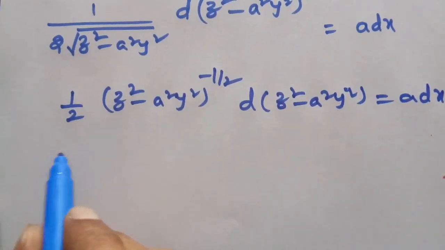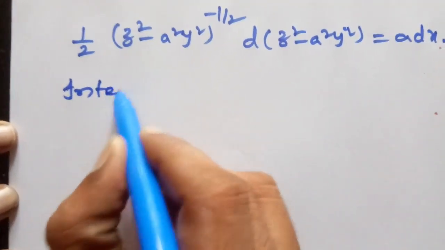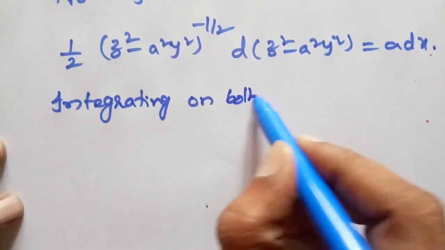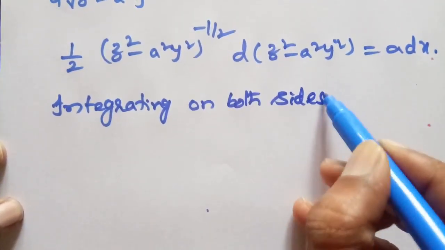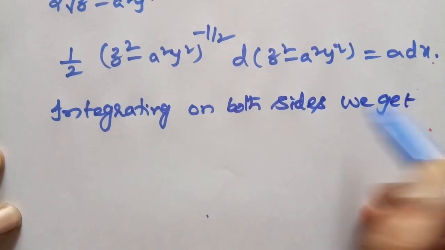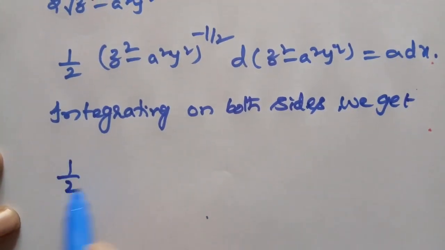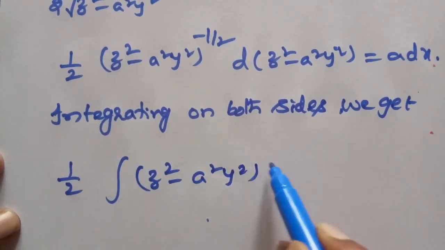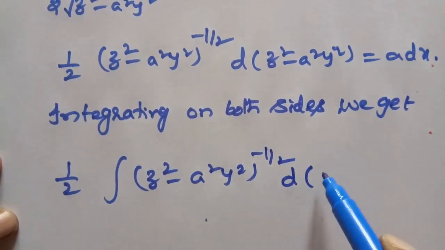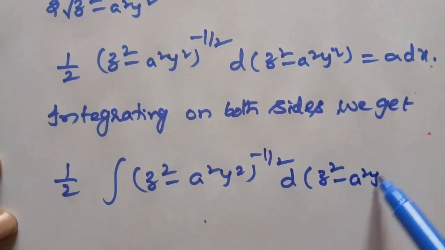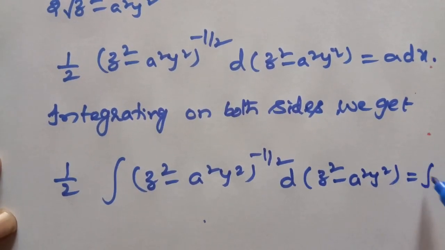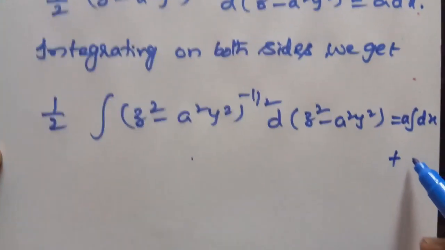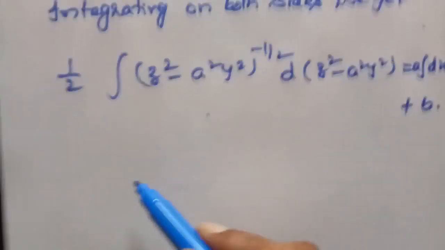Now integrating on both sides, we get 1 by 2 into the integral of z square minus a square y square whole to the power of minus 1 by 2 into the derivative of z square minus a square y square is equal to the integral of a, which is a constant, into dx plus constant of integration b.